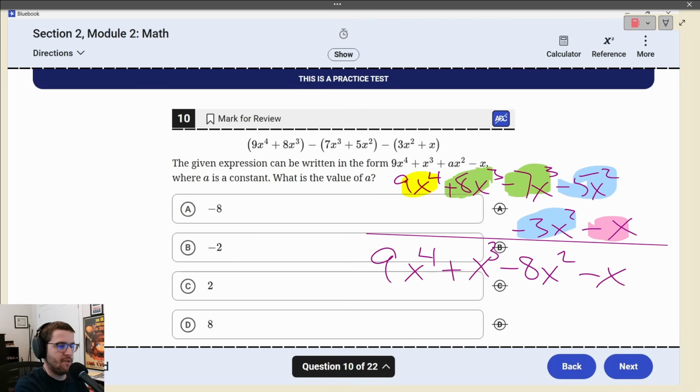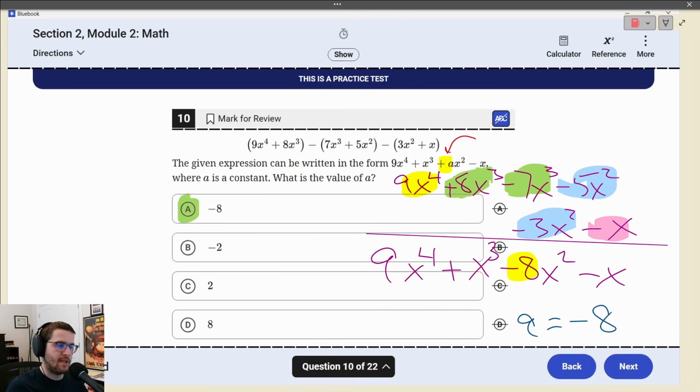And now we compare this a in the x squared to this, and we see that a is minus 8. Notice how there's a plus sign in front of that a, so we keep the sign the same, so the answer is -8. A is equal to -8.